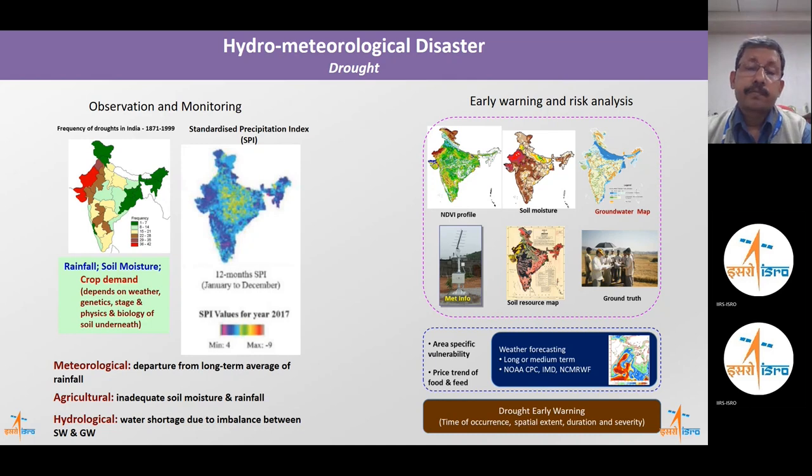Using a number of data sets, both space-based and ground-based, and also ancillary databases from various surveys, an effective drought early warning system has been developed, which can predict the time of occurrence, spatial extent, duration, and severity of the drought, so that the areas vulnerable to drought can be identified and appropriate cropping practices can be suggested to the farmers. And also having an early warning system can have a big impact on maintaining the price trend of food and feed.